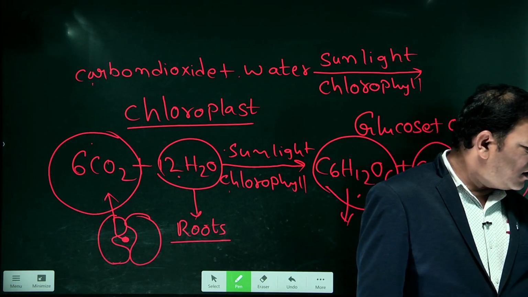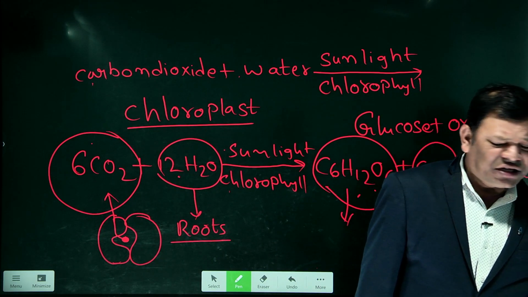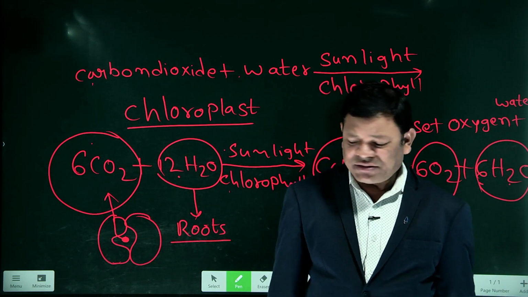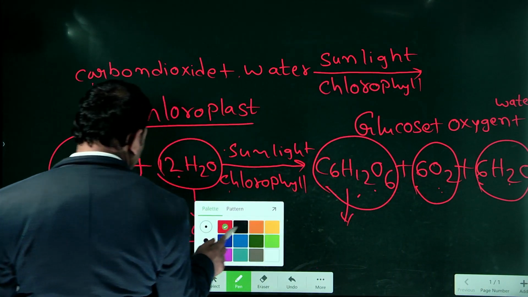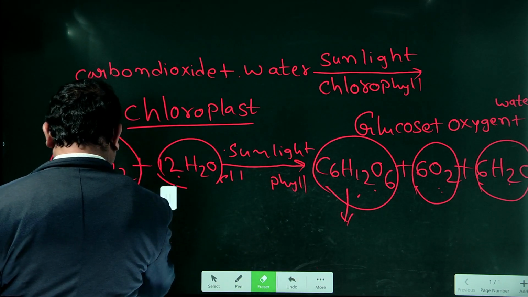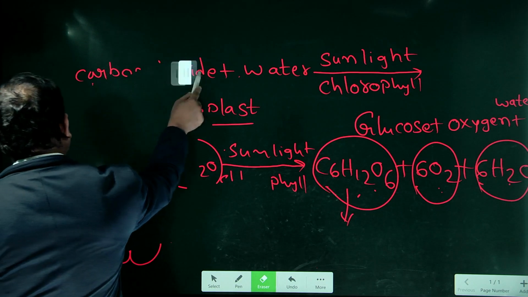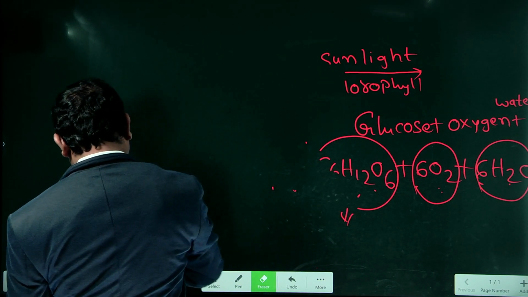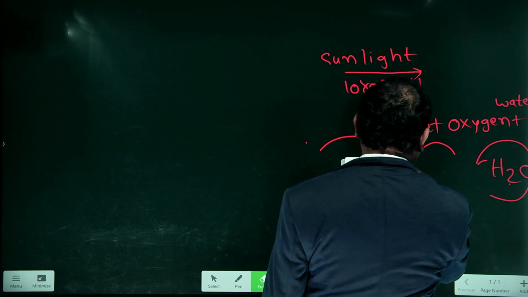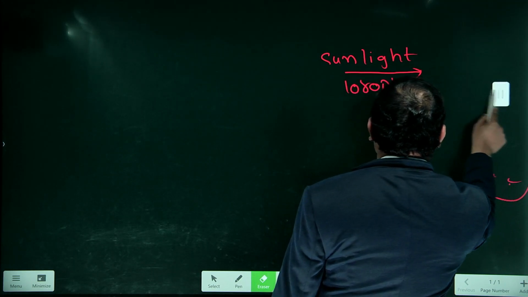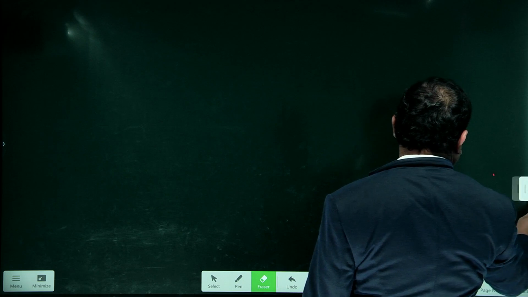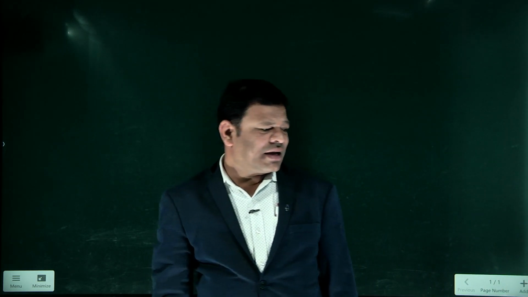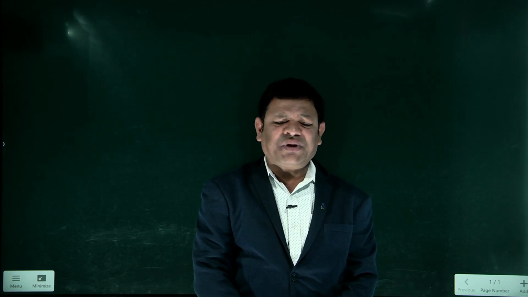So this is the lesson on nutrition in plants. The next lesson is respiration. Do you know respiration? Do you respire every day? Respiration means inhaling oxygen and exhaling carbon dioxide. What is the respiratory organ in human beings? The lungs are the main respiratory organ.